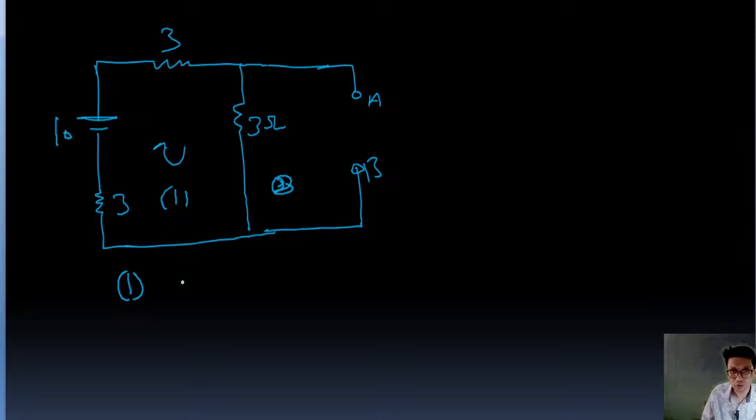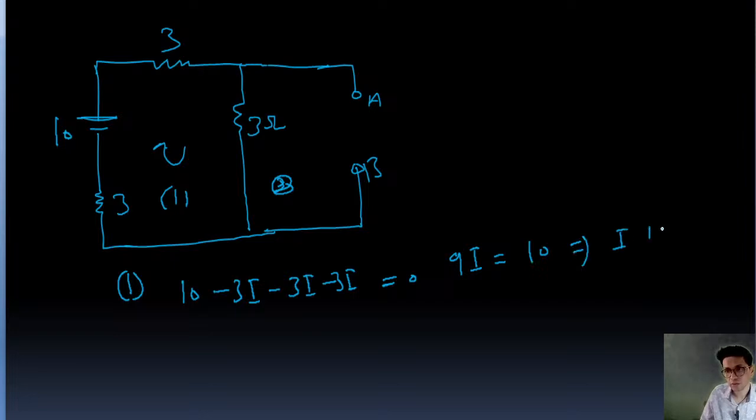So this is going to be 10 minus 3i minus 3i minus 3i equal to 0. So this implies 9i equal to 10, or I equal to 10 by 9. Okay, I equal to 10 by 9.